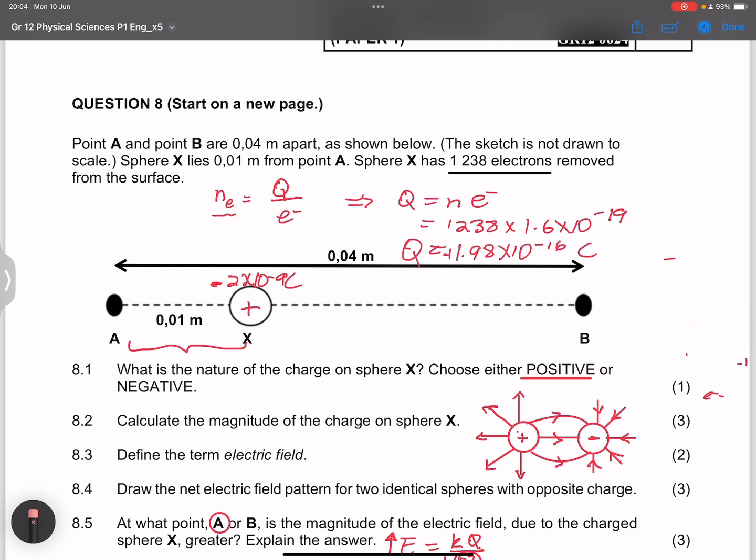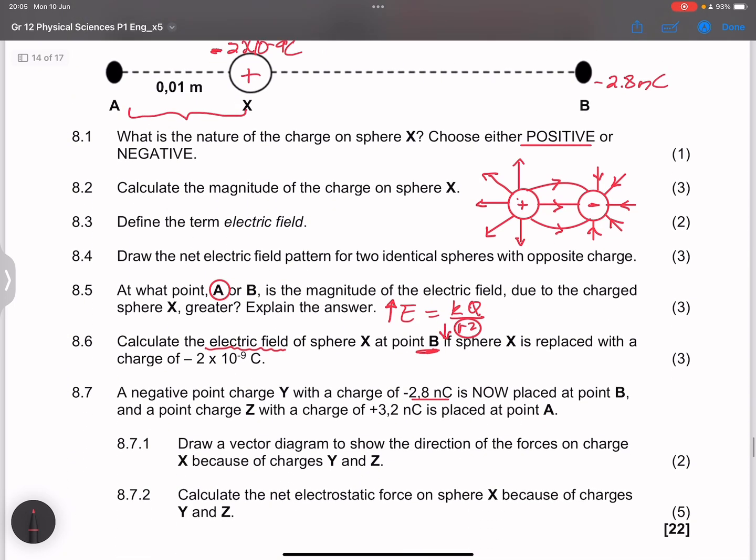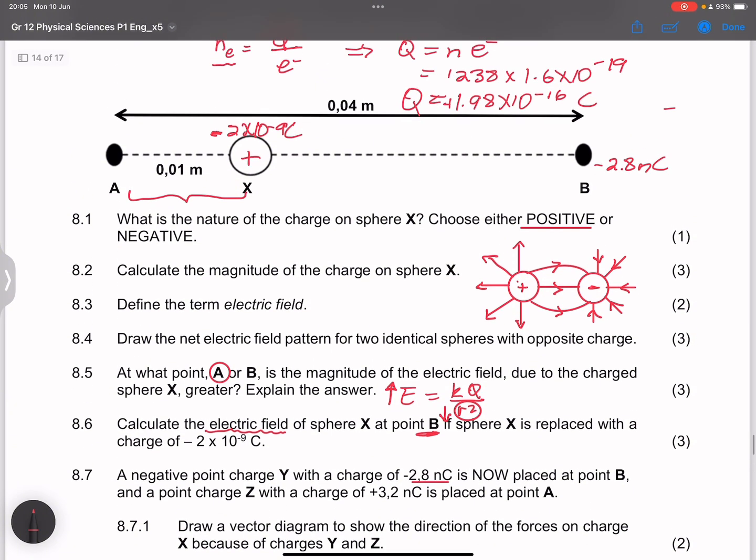Right, so we've got a charge now of -2.8 nanocoulombs, okay, that is placed there. And they say, and a point charge Z, which has a charge of 3.2 nanocoulombs at point A. So we've got positive 3.2 nanocoulombs.